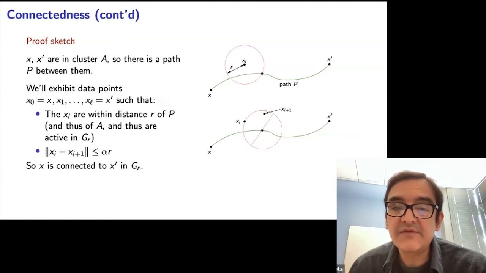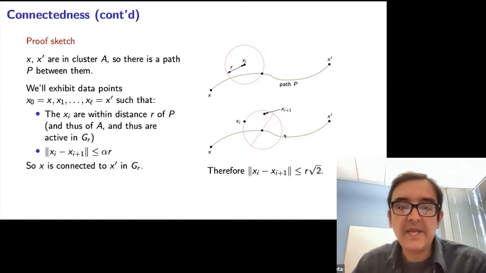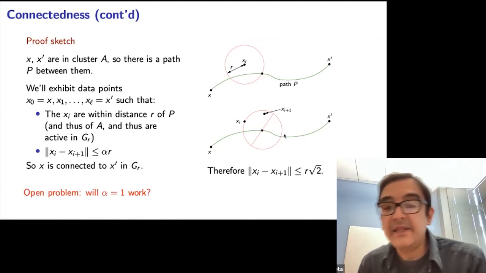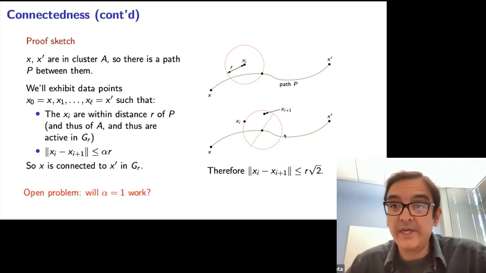And its distance from xi is at most r square root 2. And moreover, it's further along the path in the sense that if we look at distance r from it, we'll get somewhere further, somewhere out here, okay? And so in this way, we construct a path. And the open question here is to see whether it's possible to do this more economically.